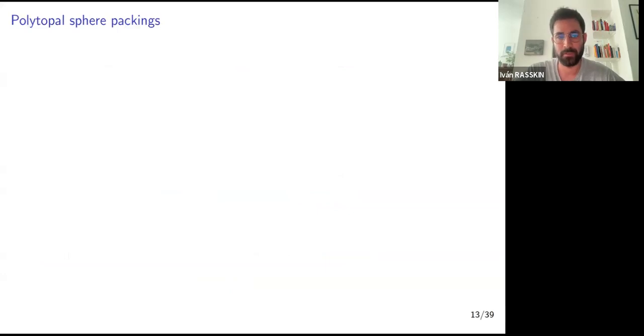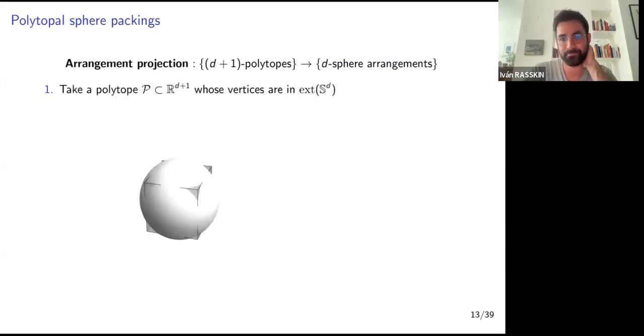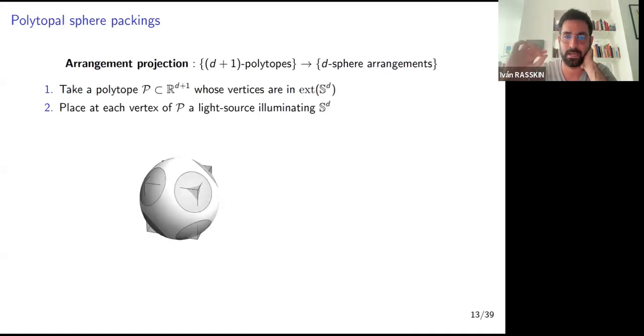So how do we construct a sphere packing from polytopes? We're going to use a projection, which we call the arrangement projection, that transforms polytopes in dimension d+1 into a sphere arrangement, not a packing in general, so a collection of spheres in dimension d. So we are going to decrease the dimension by 1. We take a polytope whose vertices are outside the unit sphere. We place a light on each vertex of the polytope, and we illuminate the unit sphere from this light.